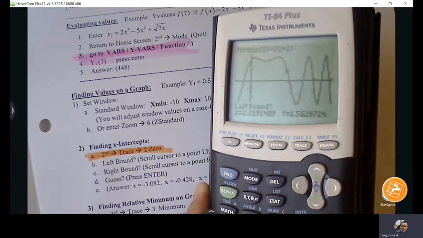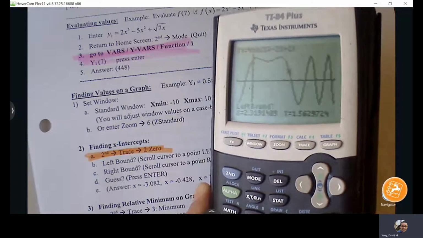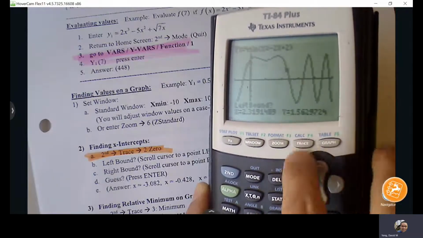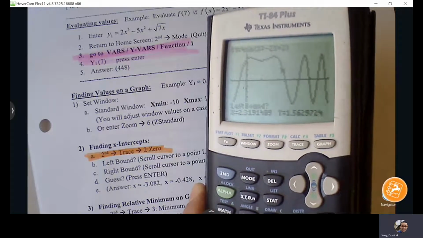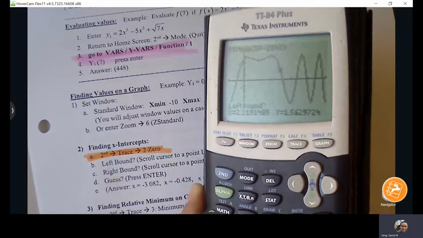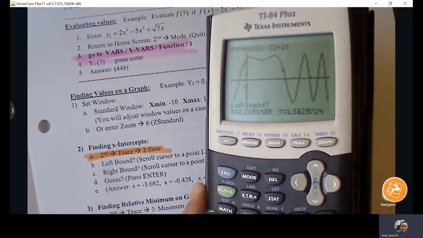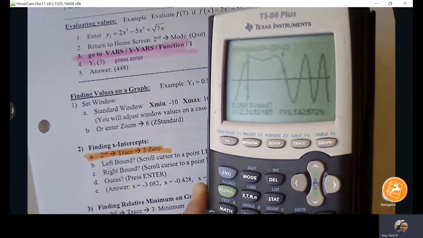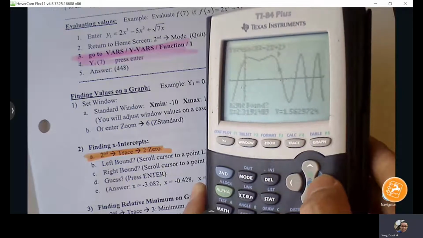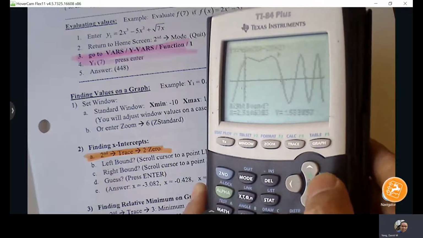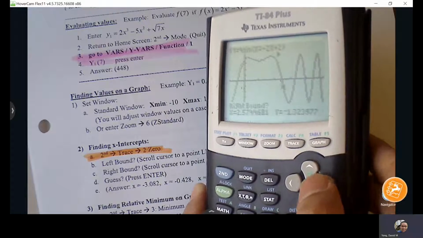So basically the calculator is asking, give me a left bound. Just choose a point to the left of the x-intercept. Never put your cursor directly on the x-intercept and hit enter. Then the calculator is going to get confused. It's not going to know where you want it to look. So pick a point to the left, hit enter, and it says right bound. So now you're going to use your directional arrow, move to the other side of the x-intercept, hit enter again.